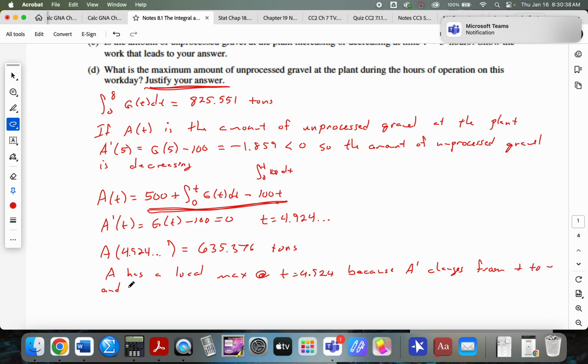And since this is the only critical point of A on the interval from 0 to 8, it must be the absolute maximum.